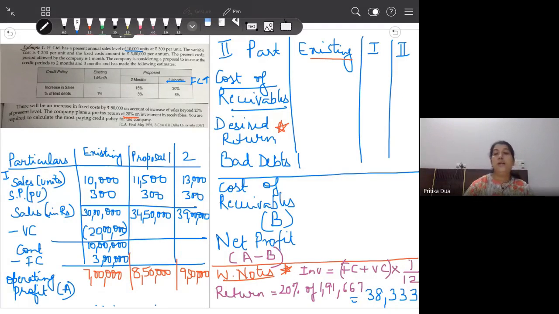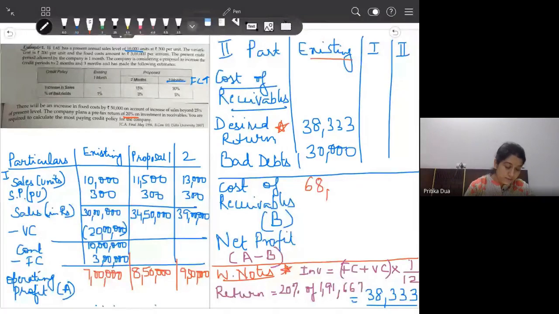This is your desired return on the investment in receivables. Your bad debts are expected to be 1%. So now you assume that all these sales have been made on credit basis. So 1% of 30 lakh will be 30,000. So your total cost of receivables is coming to 68,333, and accordingly your net profit under the first case can be calculated.